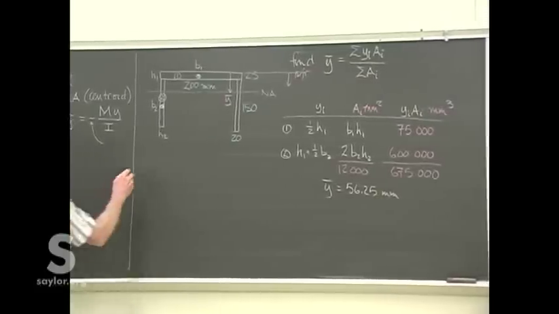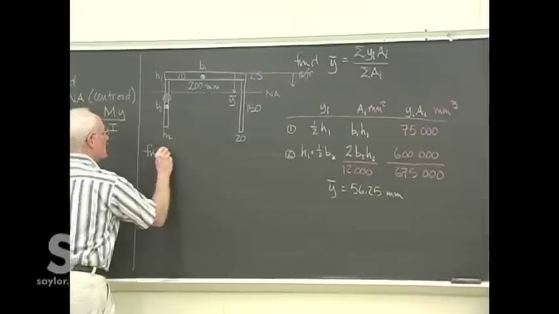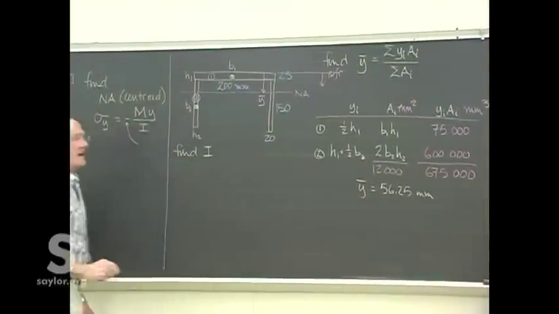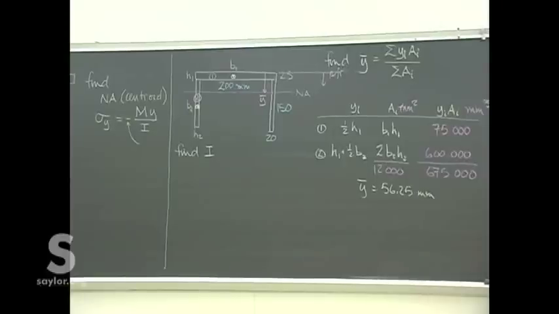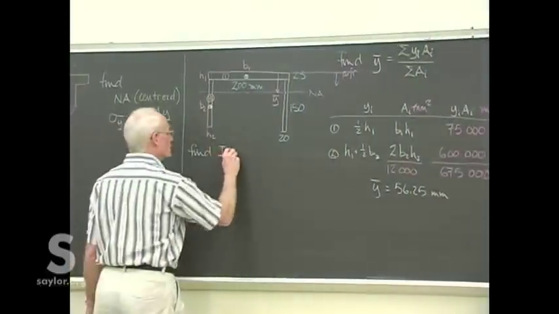One last thing we need to find then is the area moment of inertia of that cross section with respect to the neutral axis.